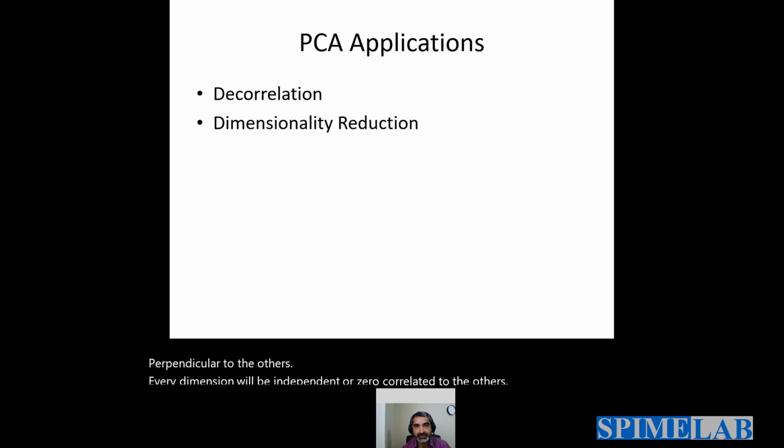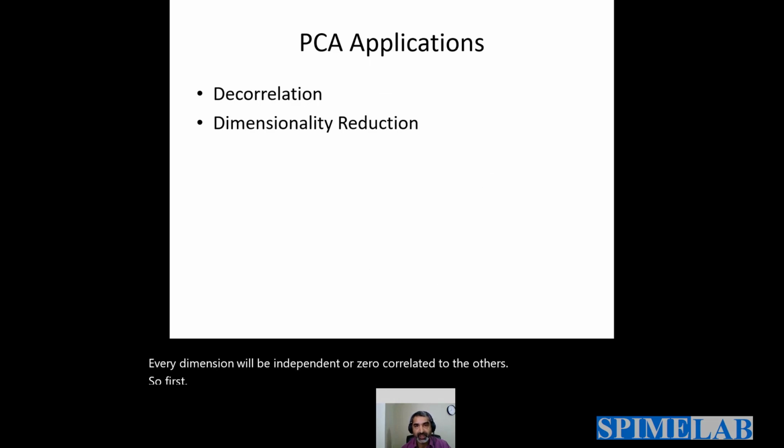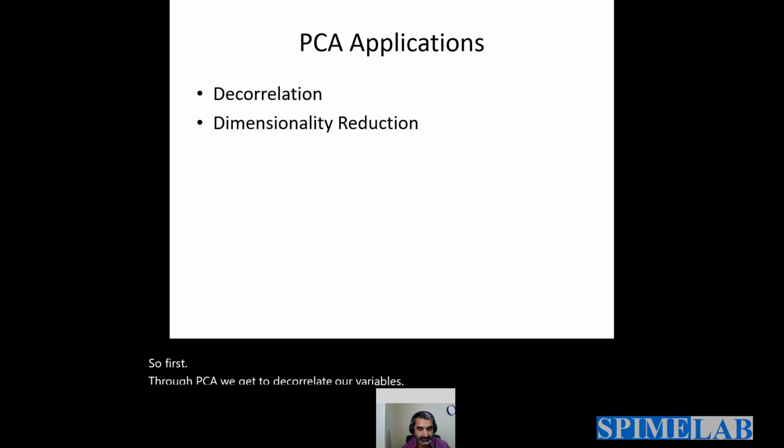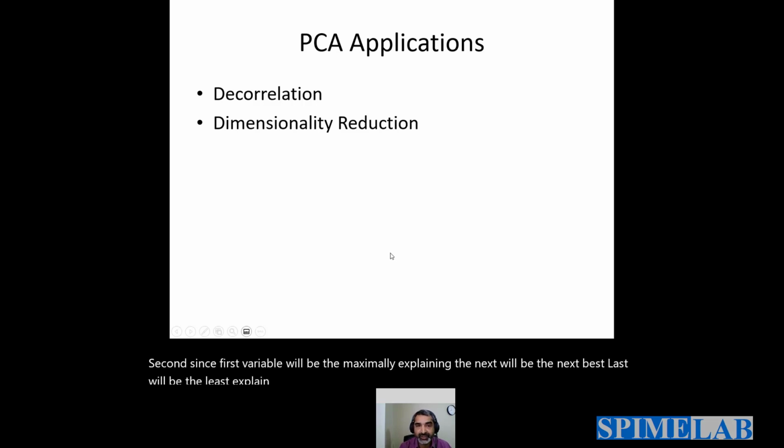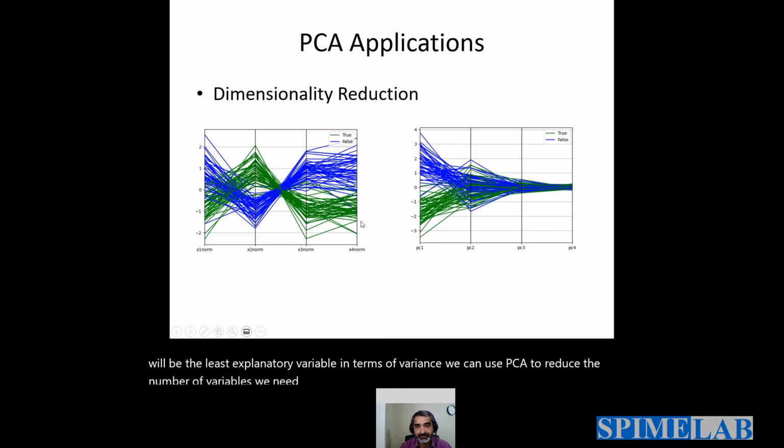So first, through PCA, we get to decorrelate our variables. Second, since the first variable will be the maximally explaining, the next will be the next best, and the last will be the least explanatory variable in terms of variance, we can use PCA to reduce the number of variables we need to use in our applications.